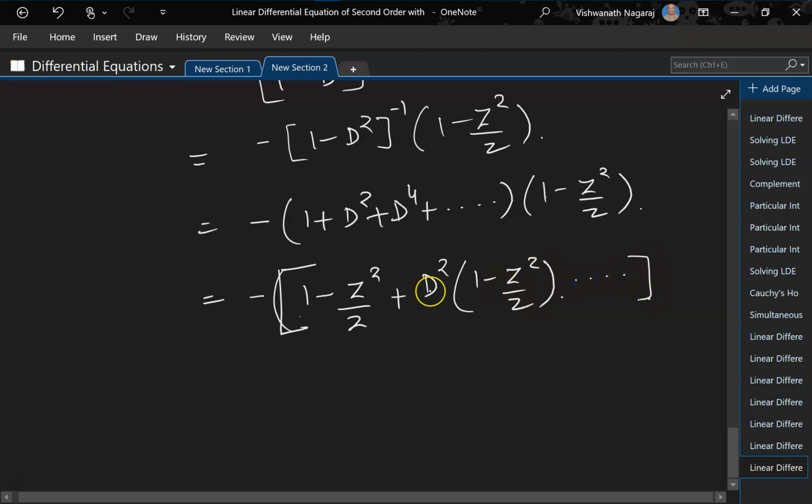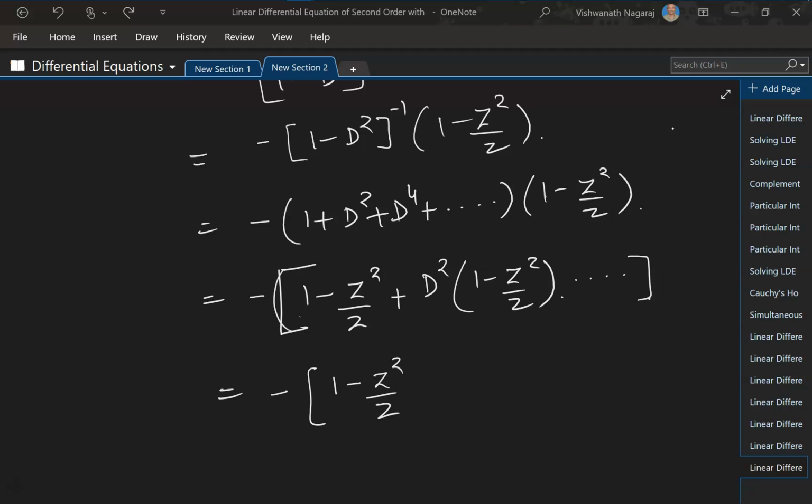Because remember, as we keep differentiating, it will become 0. So minus of 1 minus z square by 2. We have to differentiate this now. We have to differentiate it twice.